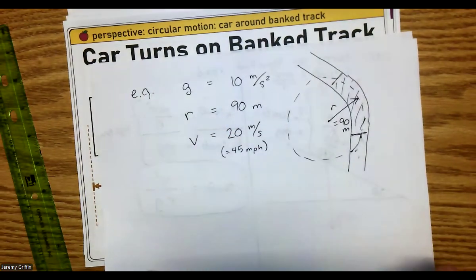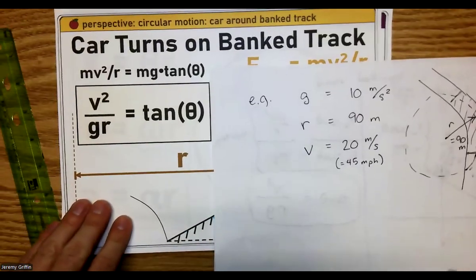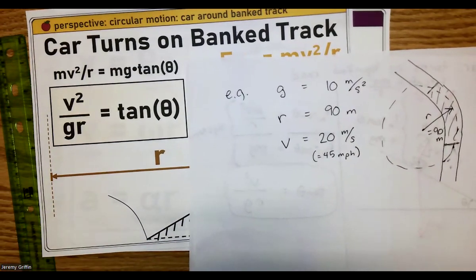All right. Question. How much should you bank the road so that the drivers can make the turn even without friction? The road's all iced over. It's like December up north, road's iced over. But that's okay. All the cars are safe because you banked the road correctly. How much did you bank the road? All right, I got the number on my calculator screen. Who's going to get this?